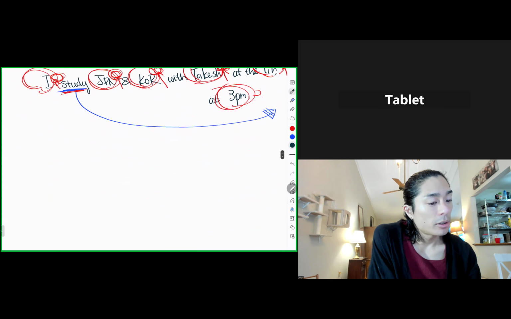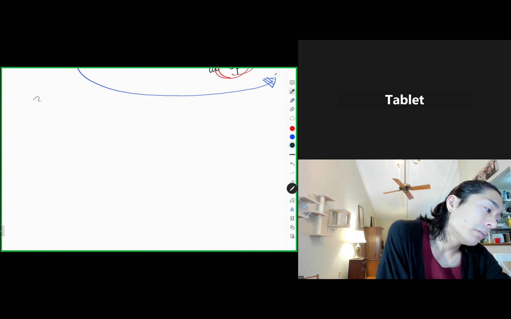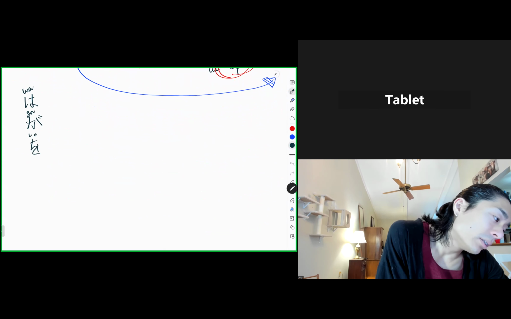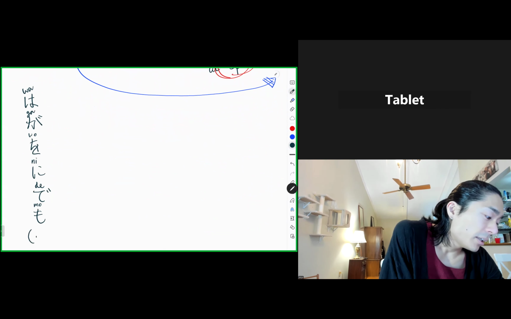Gonna start sharing some particles. I'm gonna share the main particles: wa, ga, o, ni, re, mo, e, even though this is written as he.